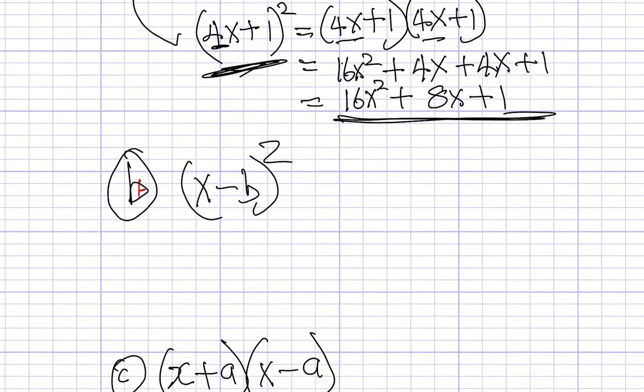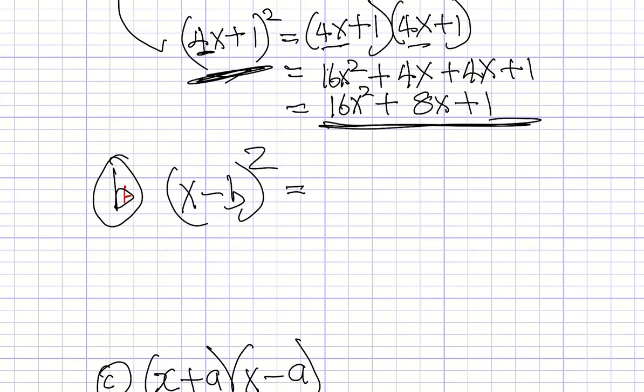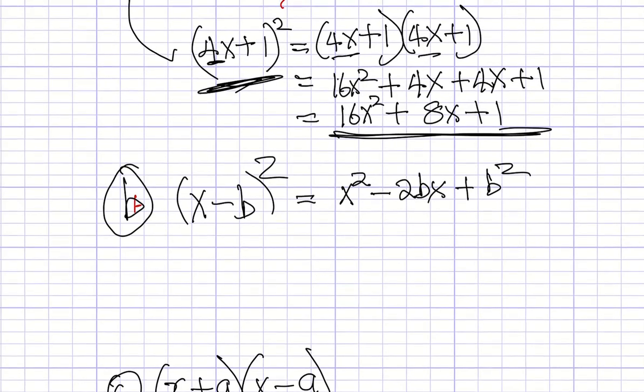The next one, this is number B now. If you multiply that thing out, what you get is x squared minus 2bx plus b squared. You see it there, right?